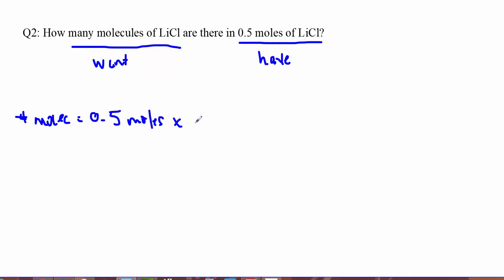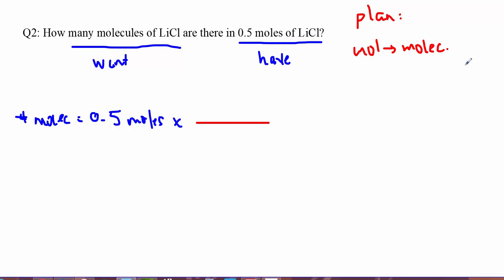Well, here we're converting from moles to molecules. And I'm still talking about the same type of substance. So I'm going from moles of lithium chloride to molecules of lithium chloride. I can go back to my chart here, and I see this time I'm just going the opposite direction.